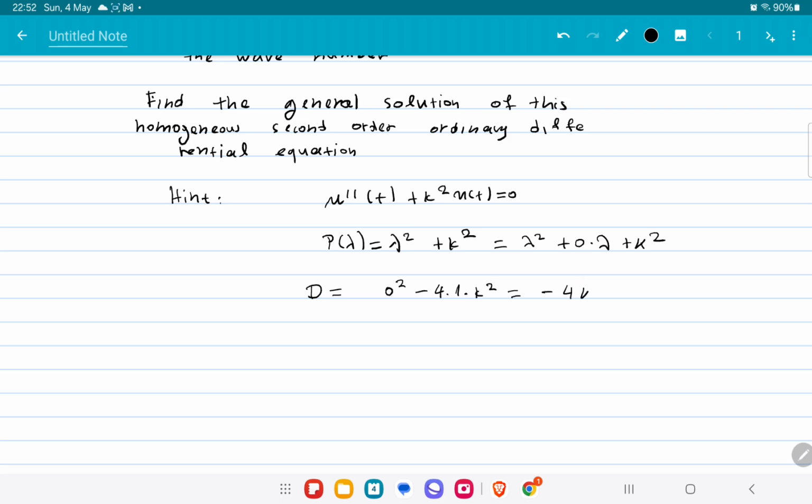That's minus 4k squared, which is a negative quantity.